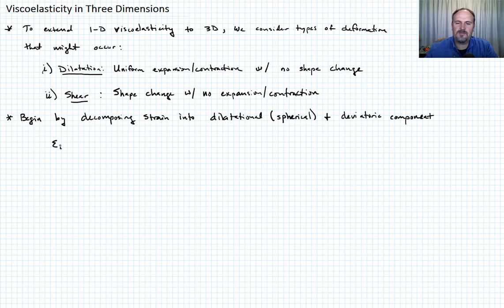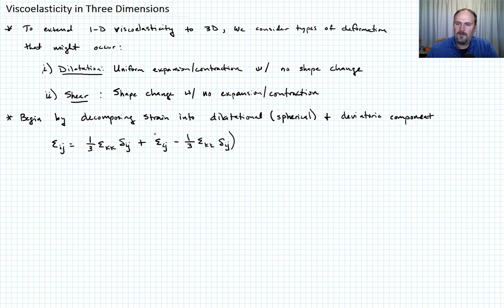Well, that looks like epsilon ij. To get the spherical component out, we just take an average of the trace, or the sum of the diagonals, so that it becomes 1/3 epsilon kk delta ij. Of course, then it's plus epsilon ij, and then we just subtract off the same amount, minus 1/3 epsilon kk delta ij.